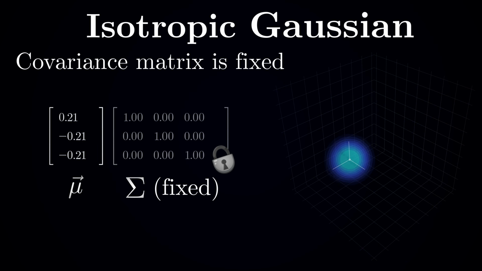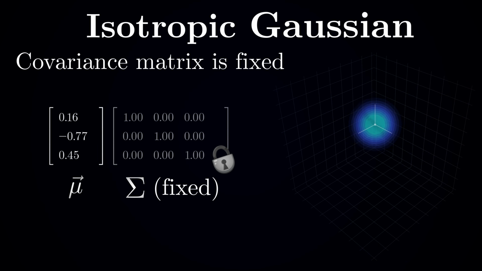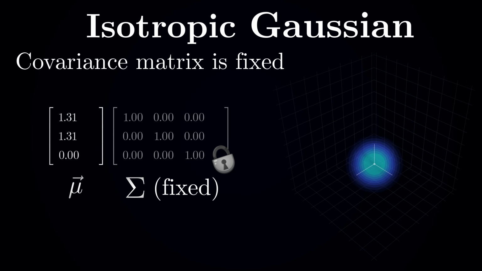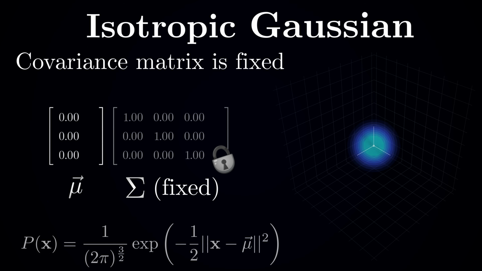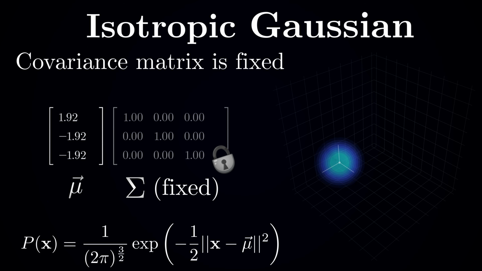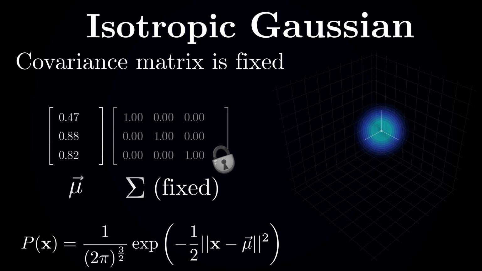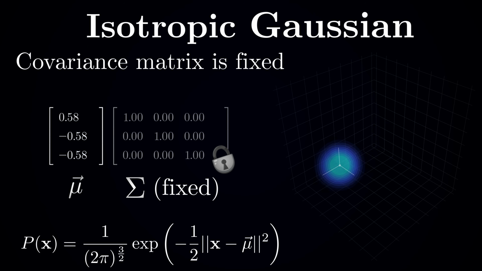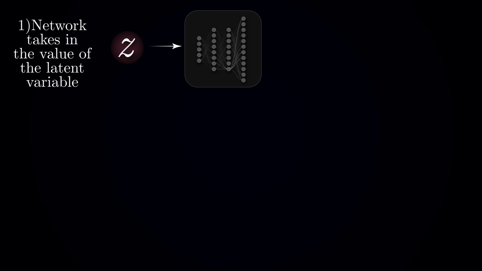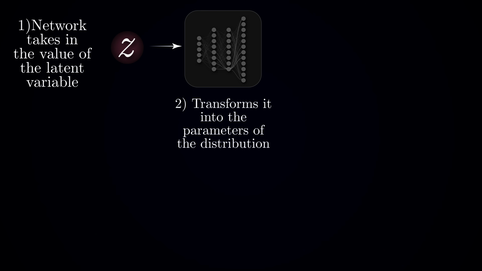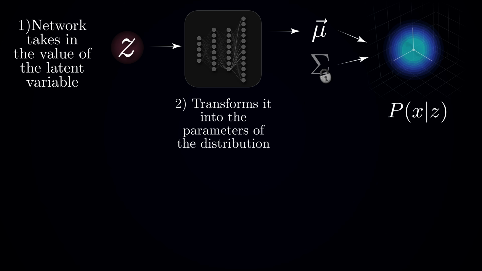A common approach is to assume a so-called isotropic Gaussian, which has the same variance of 1 in all directions, without correlations between dimensions. With this simplification, our neural network only needs to output the mean vector, because the covariance is fixed. So in our ocean example, we can visualize the probability of x given z as determined by the neural network that takes in the latent variable z, performs a series of computations across its hidden layers, and outputs 3 numbers, representing the mean of the isotropic Gaussian.